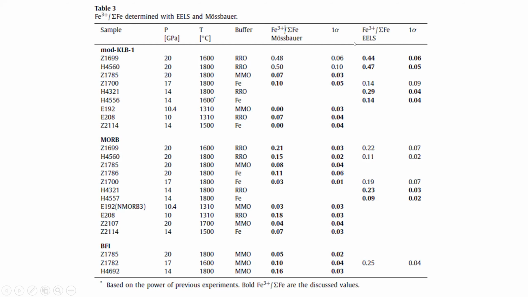One is the Mossbauer method, the other is EELS in the TEM. Because Mossbauer is a more rigorous and reliable method, in most cases they have tried to stick to it. In the methodology they mention how they regulated the parameters so that, in the EELS STEM method, the sample is not destroyed and they get the correct value.